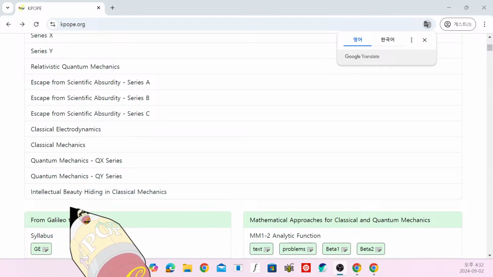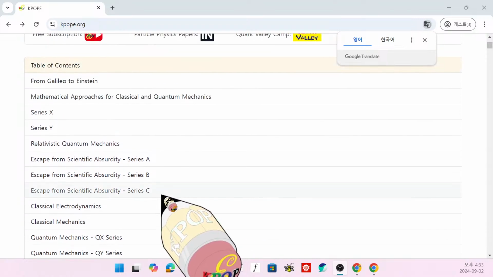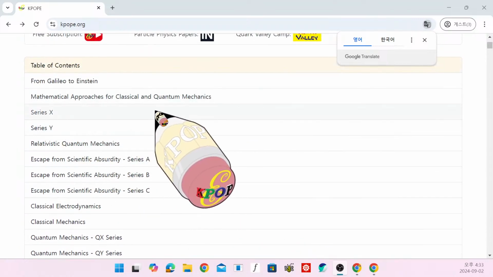Here, intellectual beauty hiding in classical mechanics is modified to the hiding in physics, because the University Administration ordered me to change the name and contents. And then two more classes, that is General Physics 1 and General Physics 2. General Physics 1 and 2 are called Series X and Series Y.